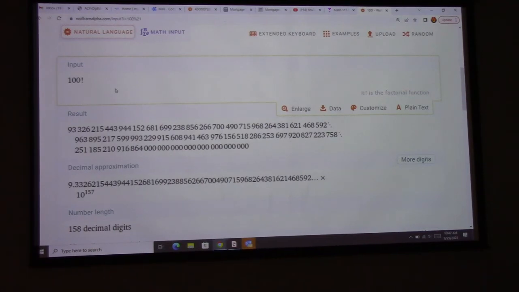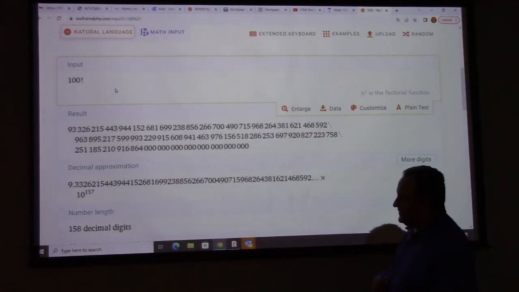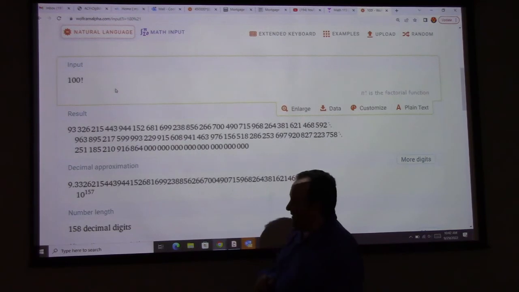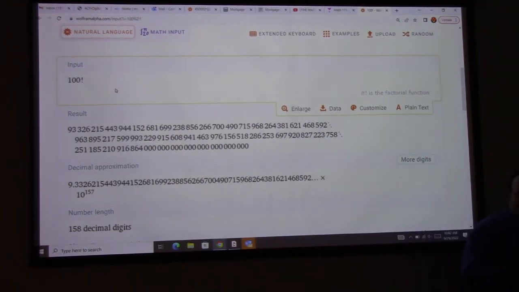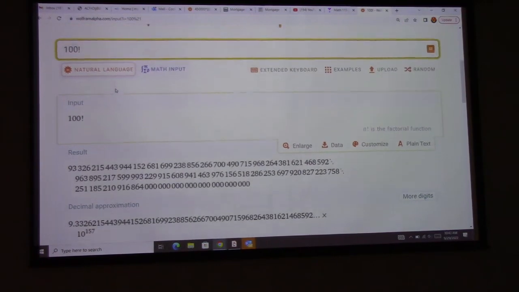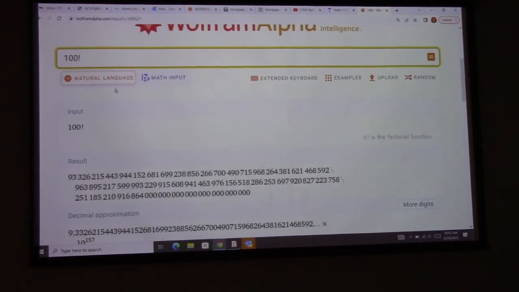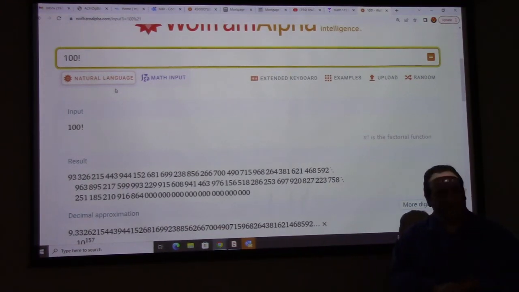There you go. It's about 9.33 times 10 to the 157 power. That's big, even in terms of national budgets. So if you want a function which gets big faster than anything else, it's hard to beat the factorial. Factorial is one of the quickest growing functions that we know. It's just huge.